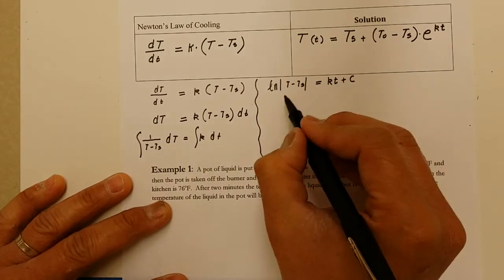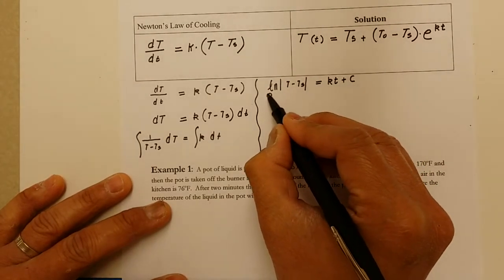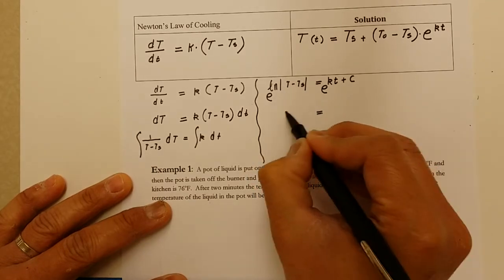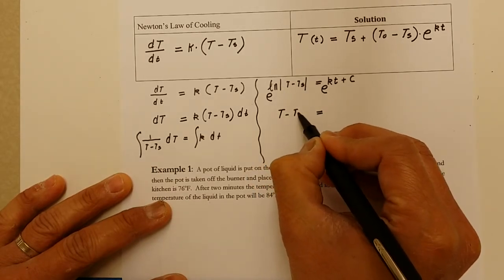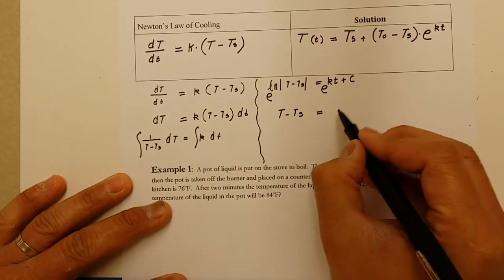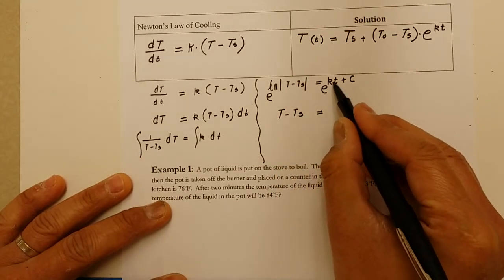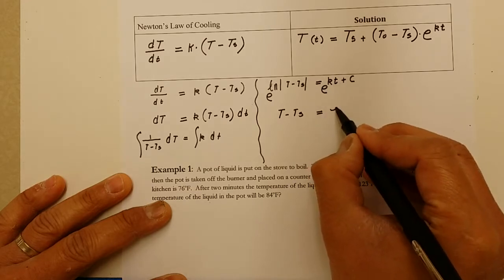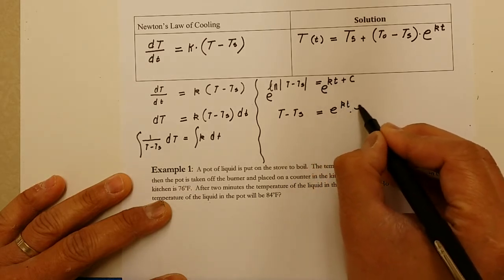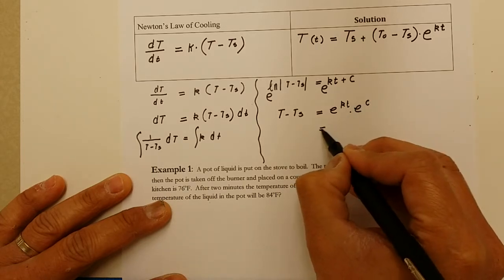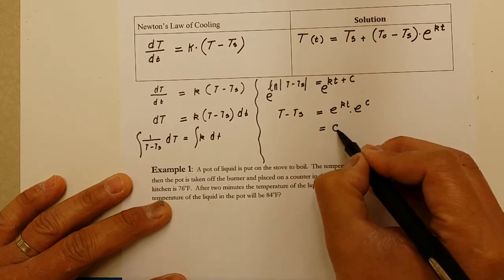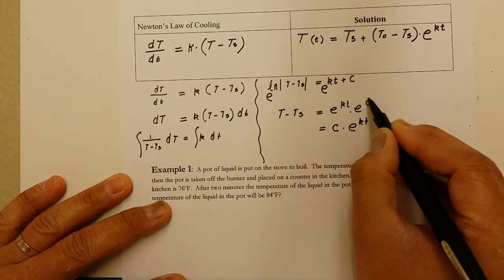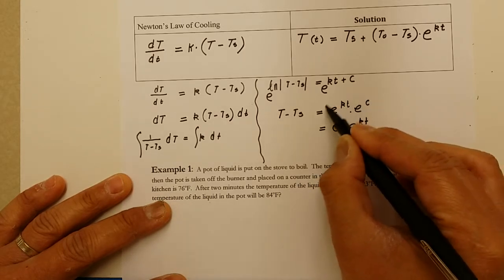Raise both sides by e. The left side gives us T minus T sub s. The right side gives us e to the kt plus C. And remember that this becomes e to the kt times e to the C, and e to the C is another constant, so let's call that C. I just chose to put it in the front.